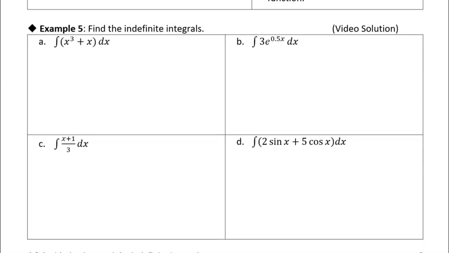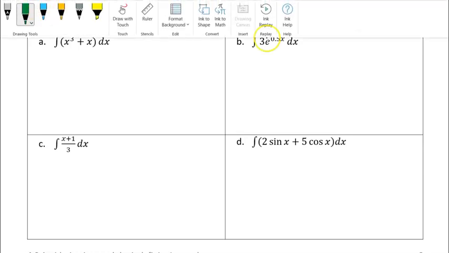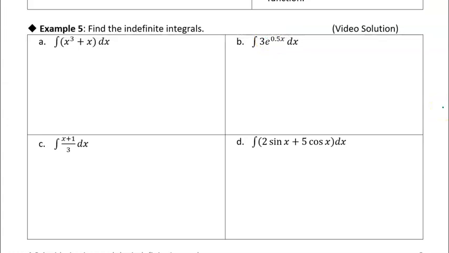Okay, so the first one, we're finding the antiderivative of x cubed plus x. So we have a sum here. And so I can use the rule and rewrite this as the integral of x cubed dx plus the integral of x dx, right? And then I could just find the antiderivative of each one of those.